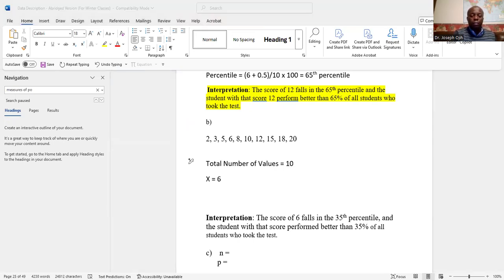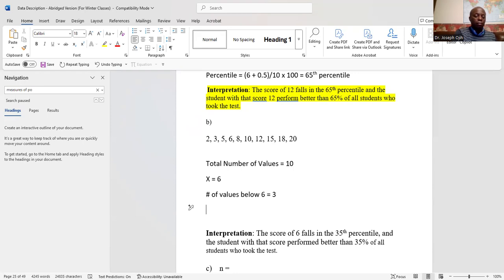The number of values below 6, see them here, 1, 2, 3 of them. So the number of values below 6 equals 3.